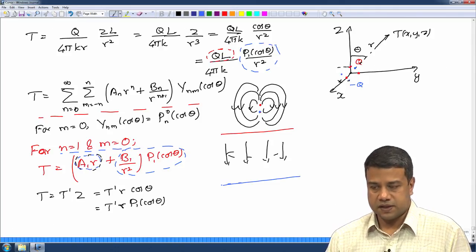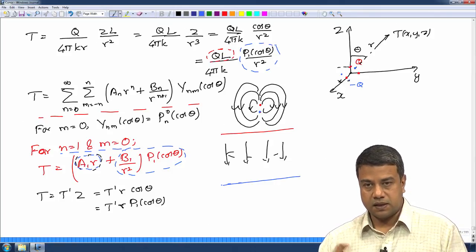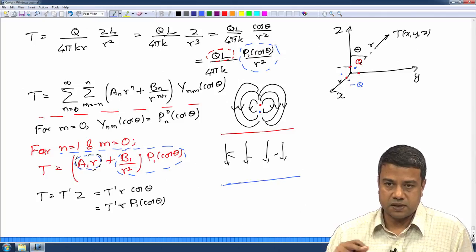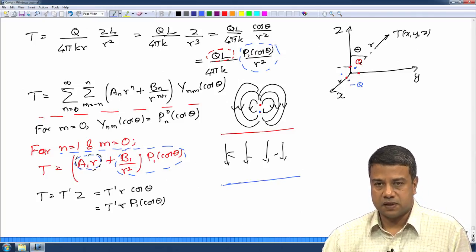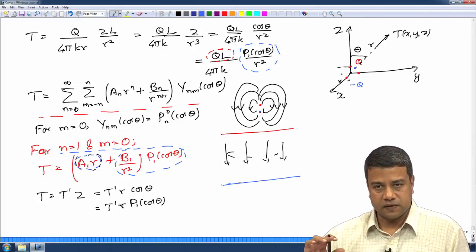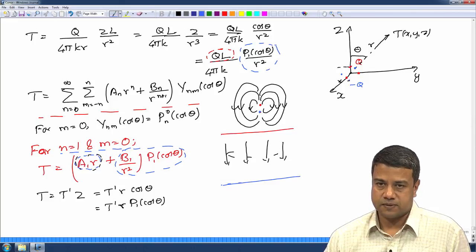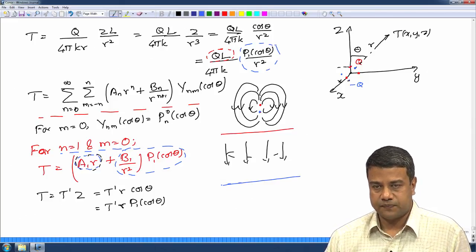Okay. In each of these cases, the dipole moment is aligned differently. The 3 solutions for m is equal to minus 1, 0 and plus 1, for 0 it corresponds to an alignment of the dipole, the source and the sink, the separation between those two, alignment of that separation along the z axis. The other 2 are for the separation along the x and y axis.